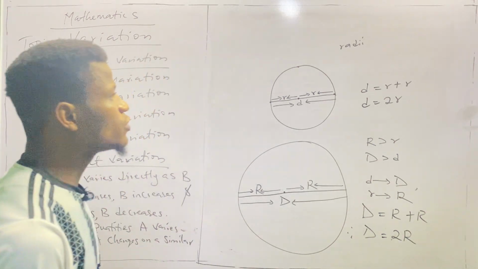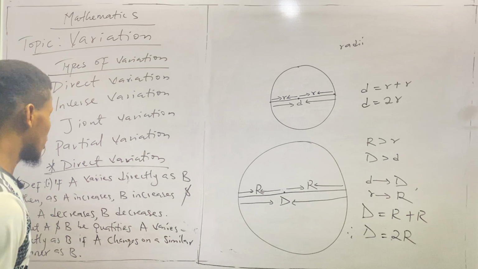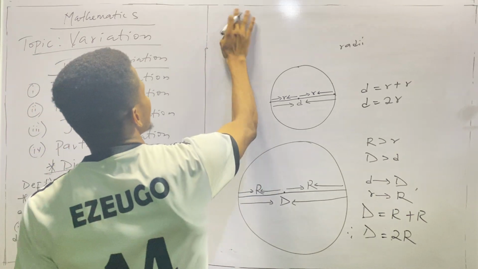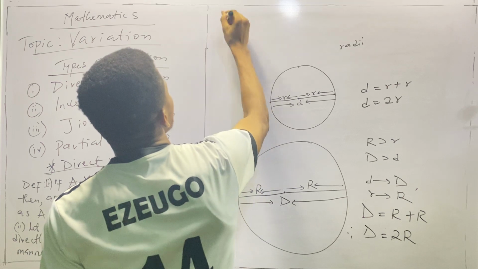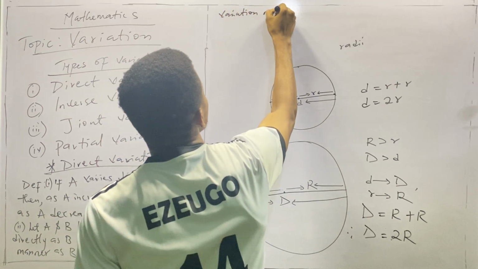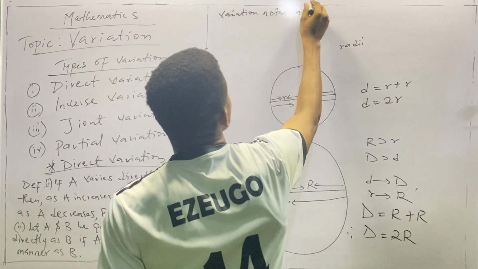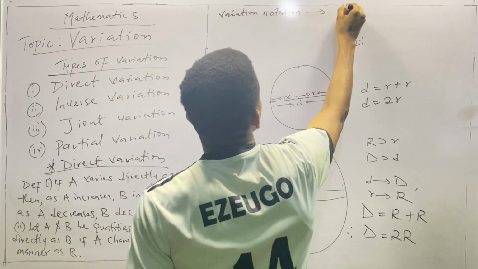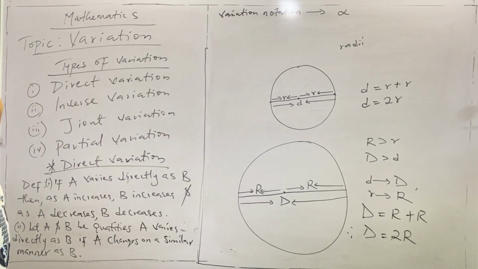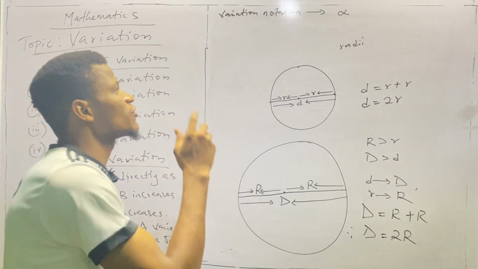So if two quantities vary, let us introduce our variation notation. So this is the variation notation. Our variation notation is like this, all right? It looks like alpha in Greek. Okay, this is our variation notation.